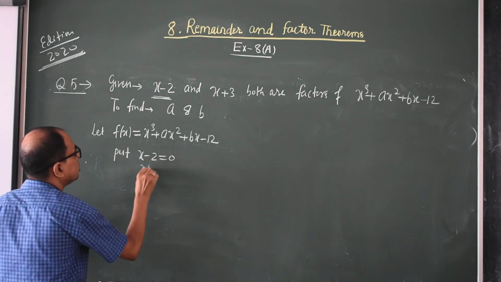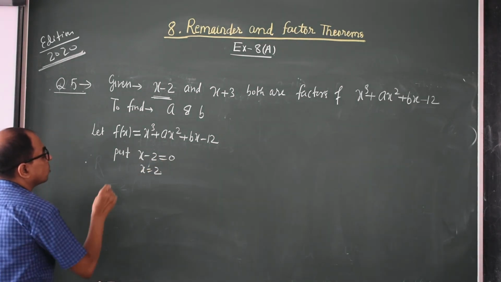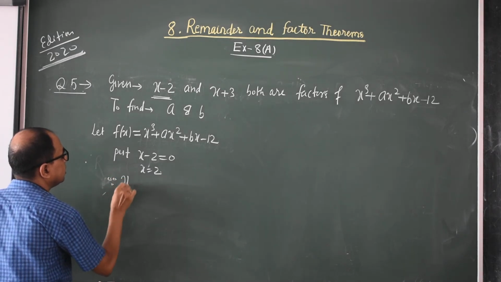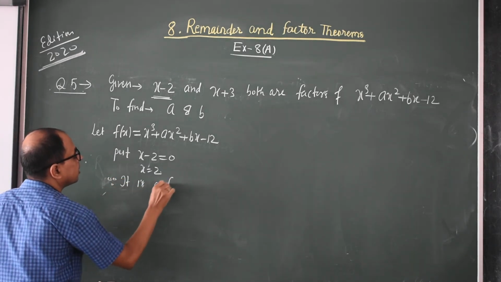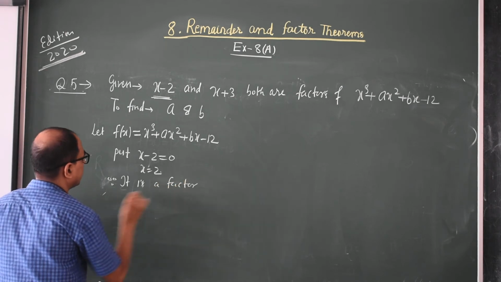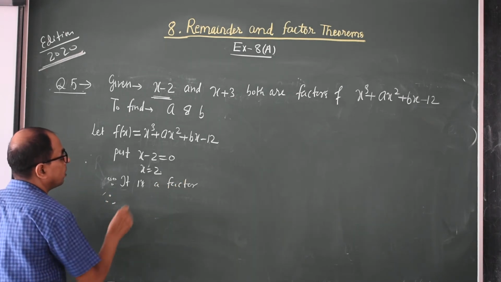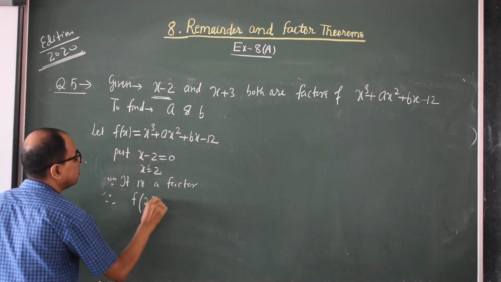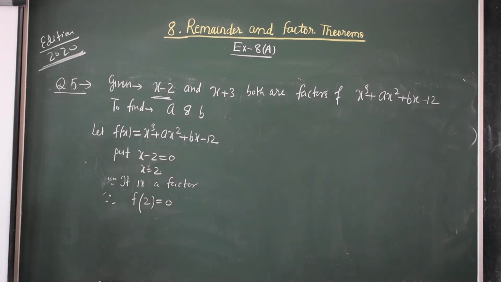So it will give x is equal to 2. Since it is a factor, therefore the value of the function at this point must be equal to 0. This is the condition for a factor.